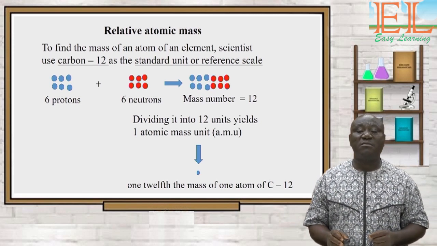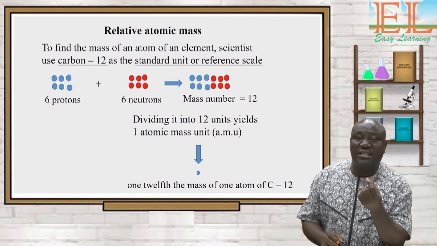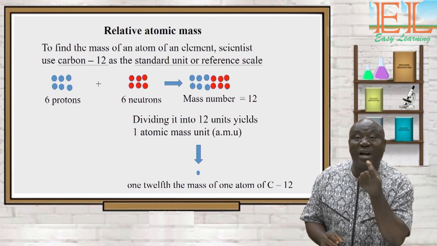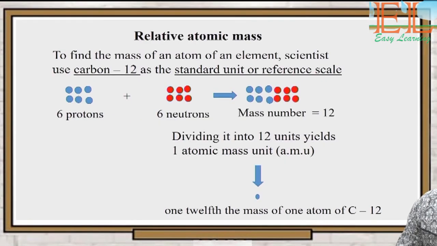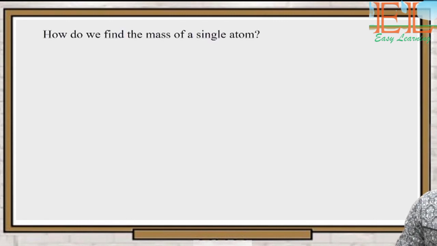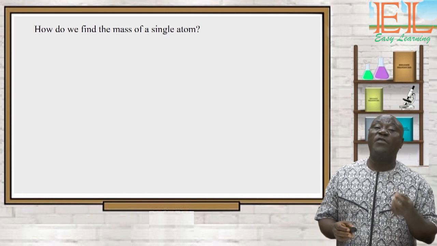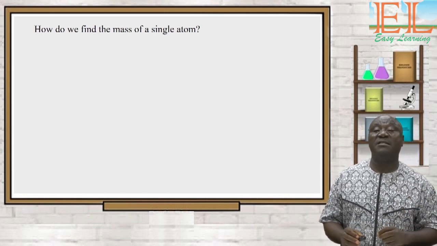So, that single unit, which is a unit of carbon-12, is also termed as 1/12 the mass of 1 atom of carbon-12 isotope. How do we find the mass of a single atom of an element?